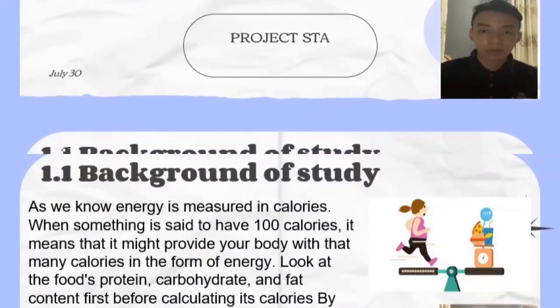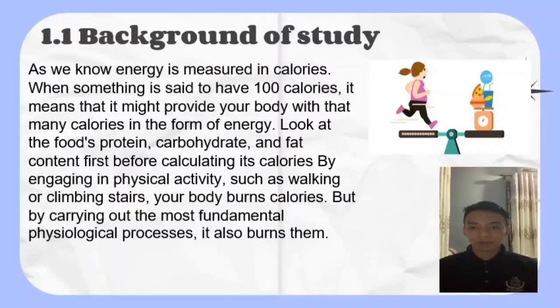Background of the study. Calories. It means that it might provide your body with that many calories in the form of energy. Look at the food's protein, carbohydrate, and fat content first before calculating its calories.